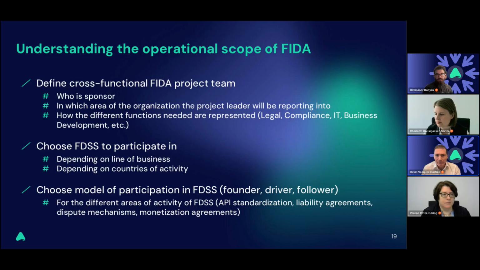This is a program. It's going to be a 2-year plus project. So it is important to define who is going to be the project manager or program manager of this group, into whom this project manager or program manager is reporting, who is the sponsor.